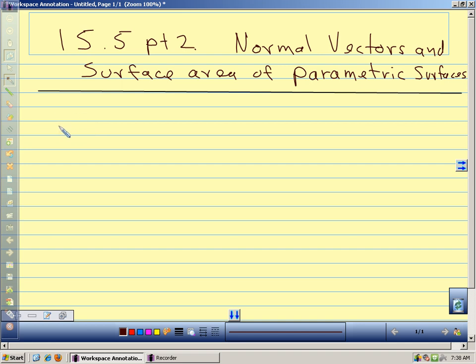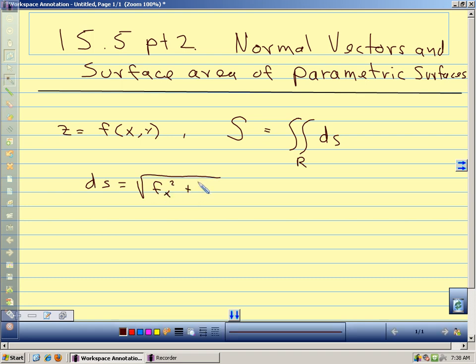So just as a reminder, if we had a function z equals f of x, y, our surface area was the double integral over our region of dS, where dS was the square root of f sub x squared plus f sub y squared plus 1 dA.